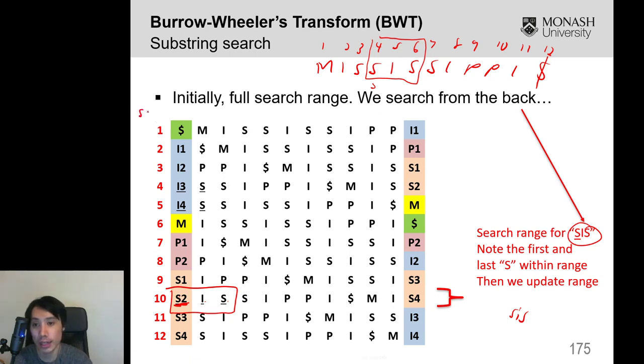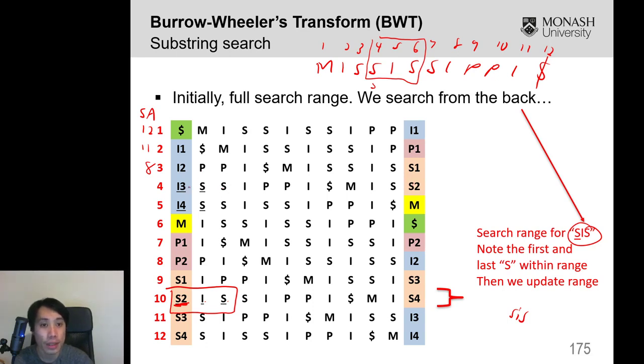If I go create another position, if you see, if I have a suffix array, my suffix array here is going to be 12, here is going to be 11, here will be IP, which is going to be 8. Then it will be SI, this is the second S, right?